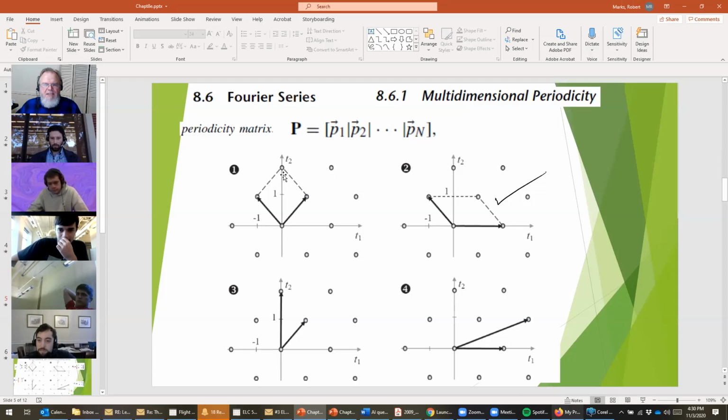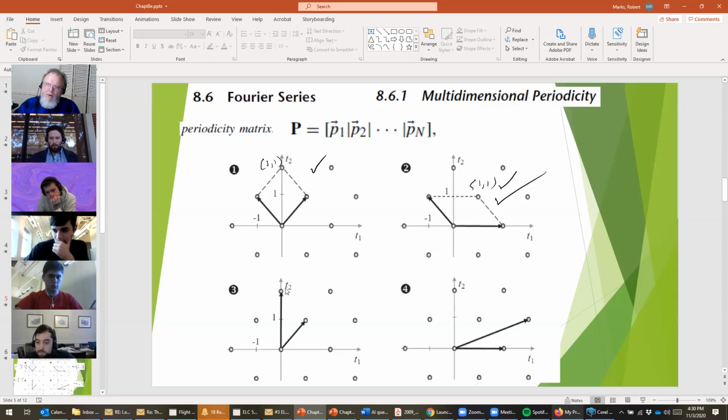So the integer indices must refer back to how you initially label the 2-dimensional periodicity vectors, right? Here is a possible periodicity. Here is a possible periodicity. For example, here, this point would be 1, 1, right? What would be 1, 1 here? This point would be 1, 1, according to these periodicity vectors.